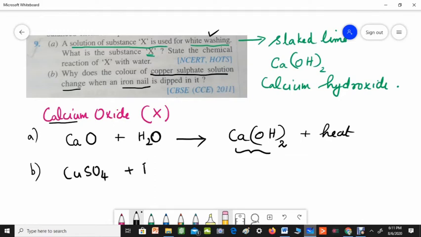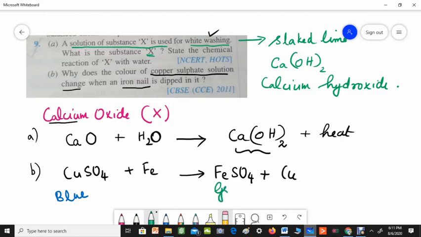Copper sulfate is blue in color, and when you dip the iron nail, you will get the product FeSO4 plus copper. The blue color will change into green color. So why is this color changing? What is your answer?